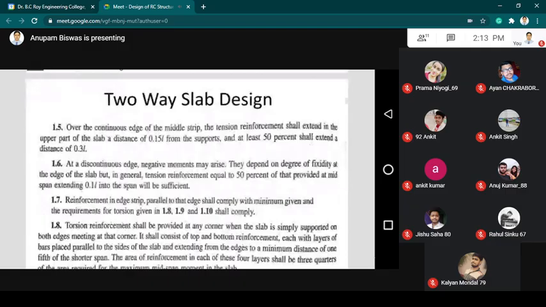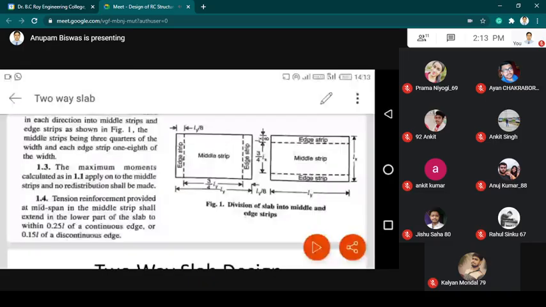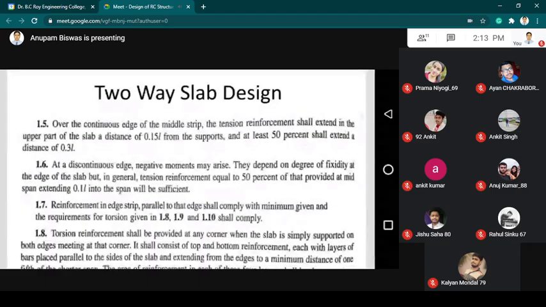Next condition is 1.6, the discontinuous edge. At the portion where there is no continuous edge, there will be a generation of negative moment.